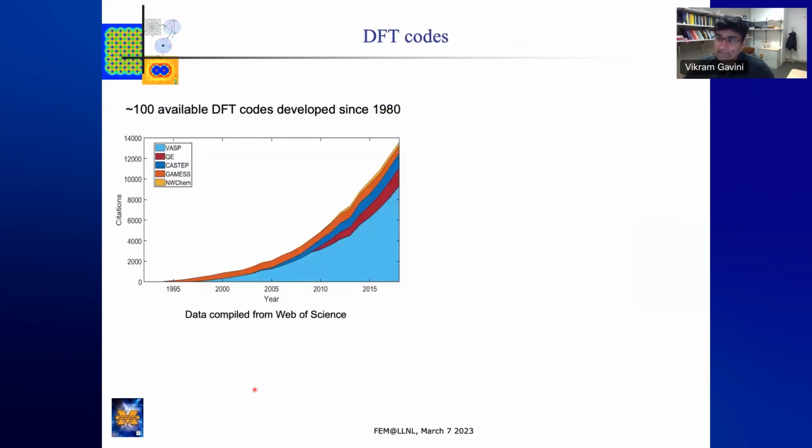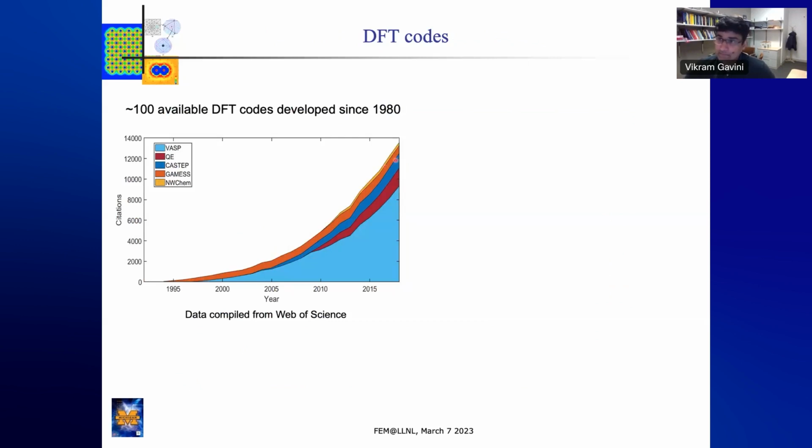So given this vast importance of DFT to a wide range of disciplines, there have been many DFT codes developed over the past 30 to 40 years. In fact, there are almost 100 DFT codes that have been developed. And you can also see that there is a rapid, exponential increase in the use of DFT calculations.